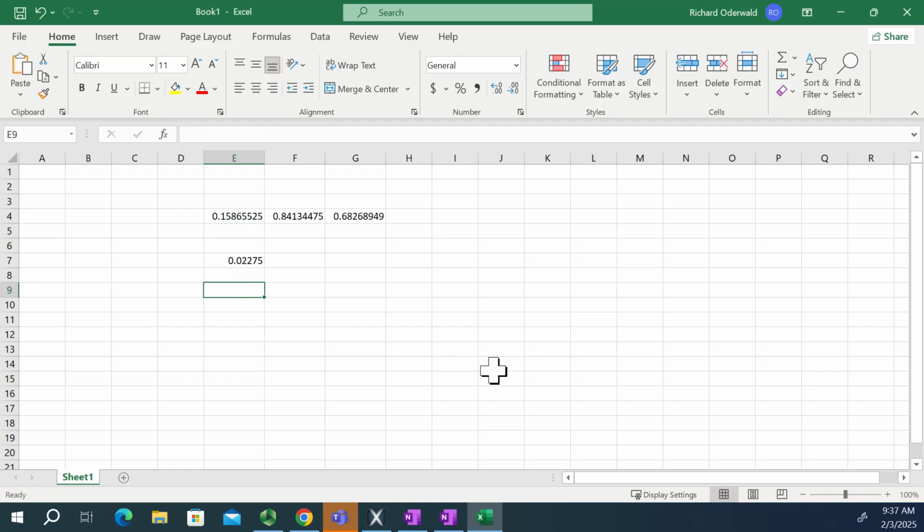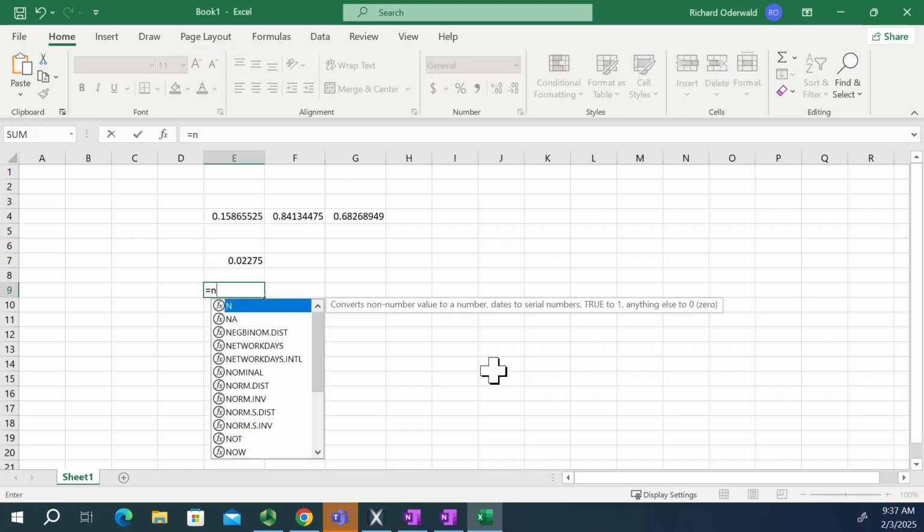pick a spot, and I do equals norm. This is the one I used where I had to put in the mean and the standard deviation. Here is norm.s.dist. It's the standard normal. And the mean for a standard normal is 0, and the standard deviation is 1.